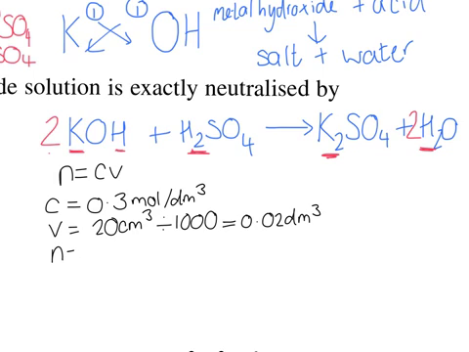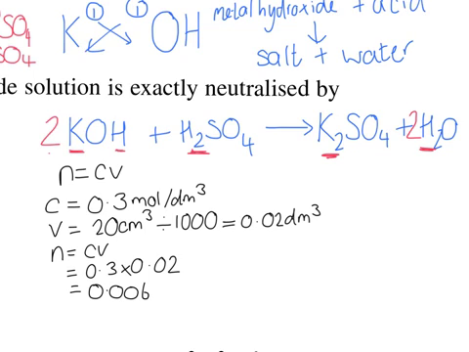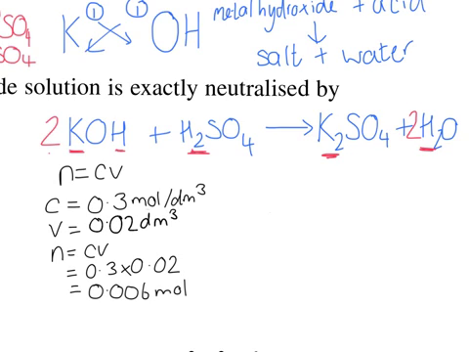Okay, so putting that into the equation, n equals CV equals 0.3 times 0.02, which gives us 6 times 10 to the minus 3, or 0.006 moles. The next step in this question is to work out how many moles of sulfuric acid we would need to neutralise this 0.006 moles of potassium hydroxide.